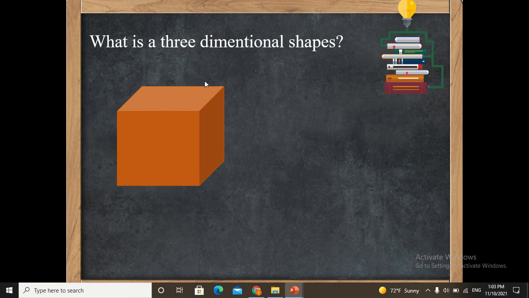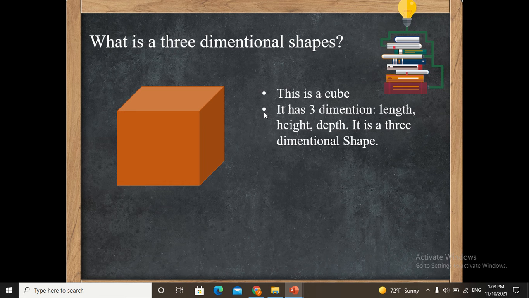So what is a three-dimensional shape? This cube has 3 dimensions: length, height, and depth. It is a three-dimensional shape.